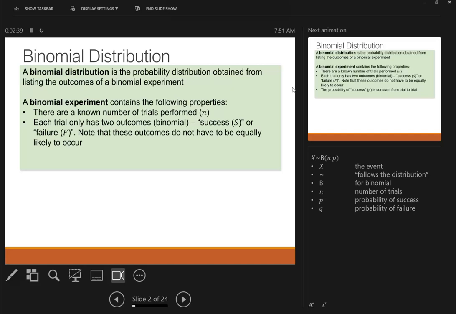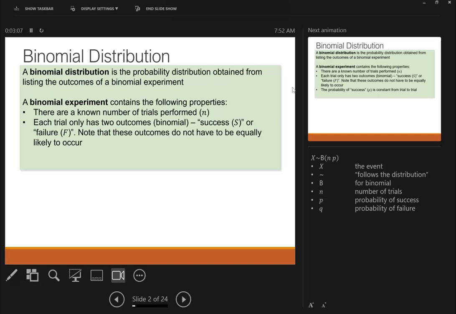Okay? So the bi in binomial, the prefix bi means two, for the two outcomes, success or failure. So for example, if our random variable is the number of heads we get when flipping a coin 5 times, that is a binomial experiment.